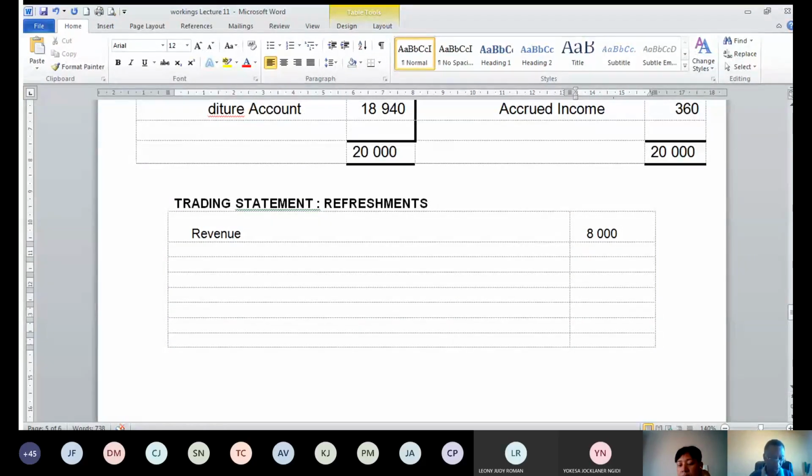And then, of course, once you've got your revenue, you must calculate your cost of sales. To calculate the cost of sales of your refreshments, you know the story, guys. It is the opening inventory of refreshments, to which we add our purchases, and we must check our closing inventory.